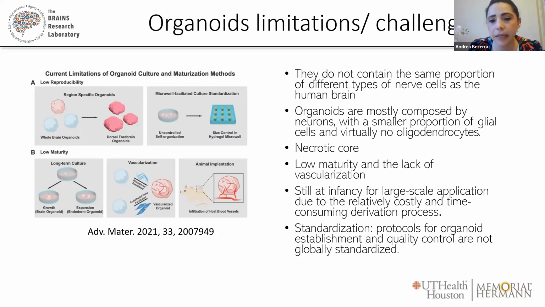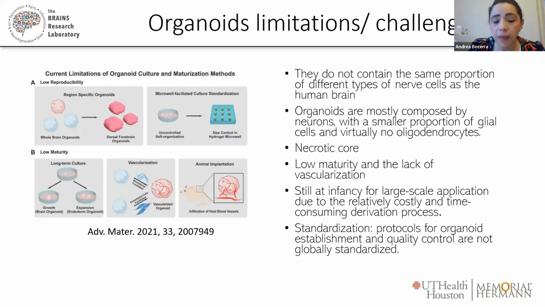Also, we have variability in these models. So we have a necrotic core. A necrotic core is an area in the center of the organoid, which grows from the center outward, where the media and growth factors are not able to go, since we don't have a vascular network.